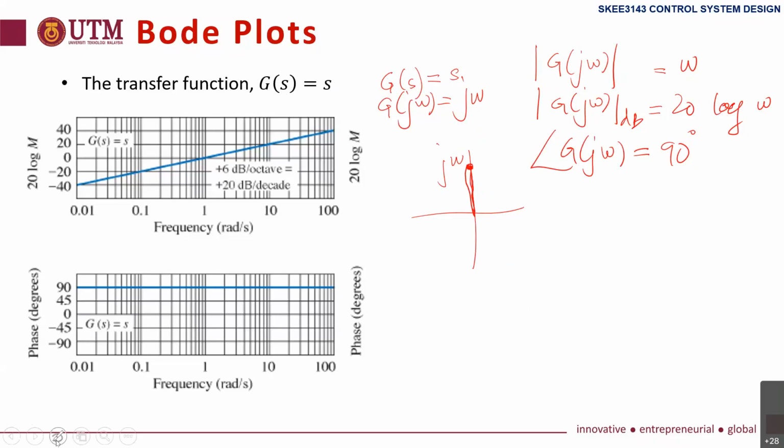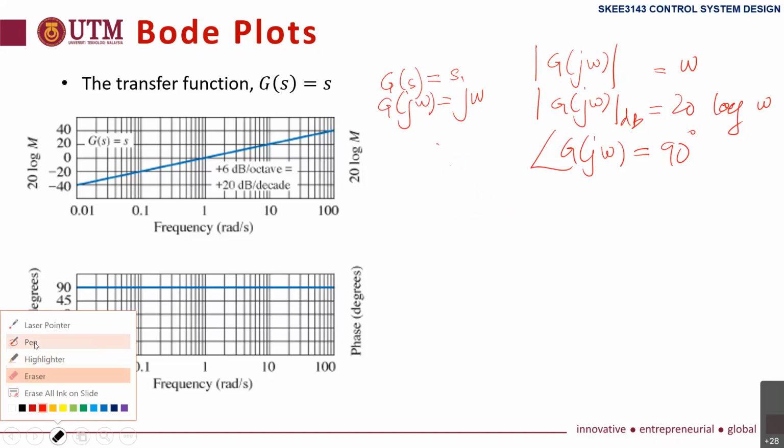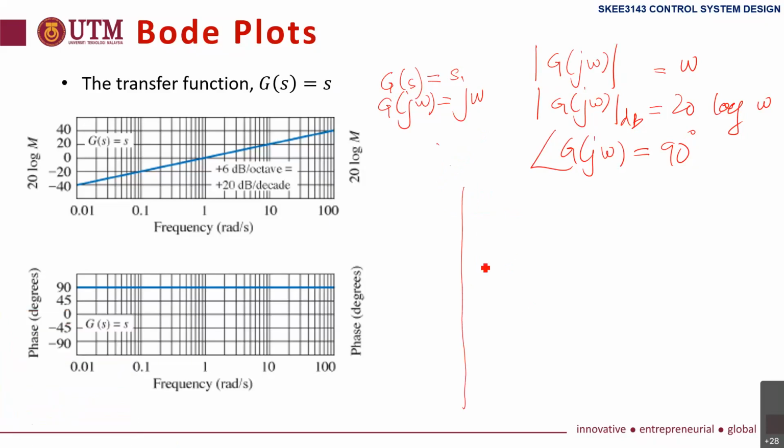That is s. And how we can sketch it on the Bode plot: we have omega in radian per second, and this is magnitude in dB. Let's see, if omega equal to 1, log 1 is 0, so it's 0 dB here.